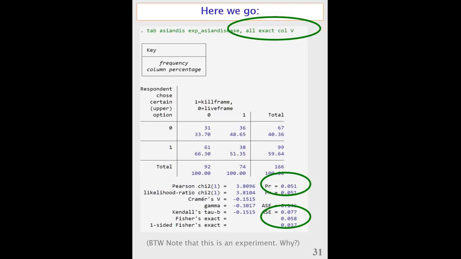If for some reason we have a clear expectation of the direction in which the coin is weird, say I think the probability of heads is higher, then you could argue that the other side is not likely at all, and I put all the 5% on one side. Now we get a one-sided test. The same thing goes for the Fisher exact.